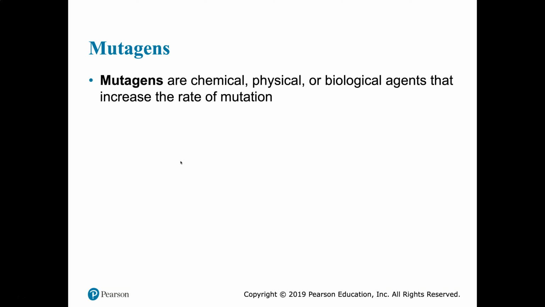So, for instance, UV light, so sunlight, it can lead to changes in the sequence, which the longer you're out in the sun, the higher the risk, because it is considered a mutagen.